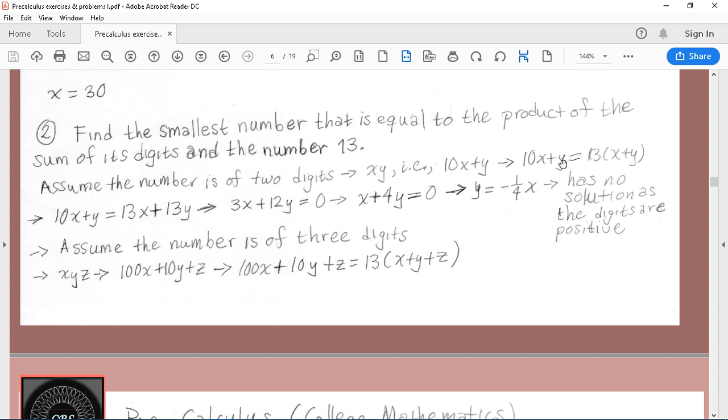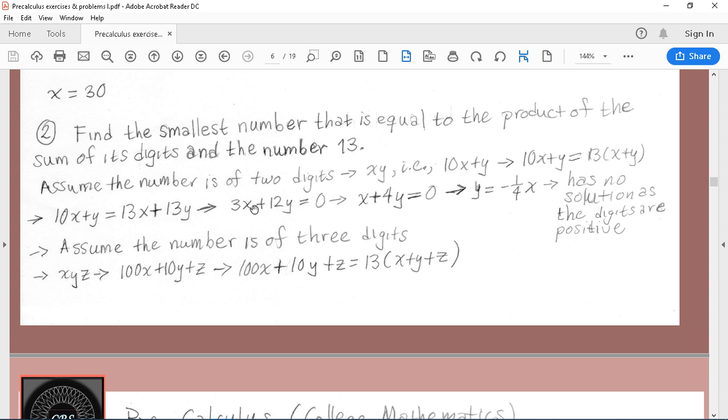So 10x plus y should be equal to 13 times the sum of the digits, which is x plus y. So 10x plus y should be equal to 13x plus 13y. That means that 13x minus 10x, which is 3x, plus 13y minus y, which is 12y, should be equal to 0.